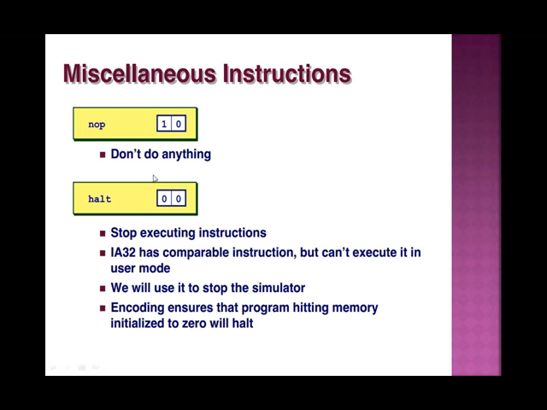Simulate means to execute or to stop the processing. Then the encoding is 00. It ensures that a program hitting memory initialized to 0 will halt. That is, whenever a program is stored in memory, it is initialized to 0 and it will halt.